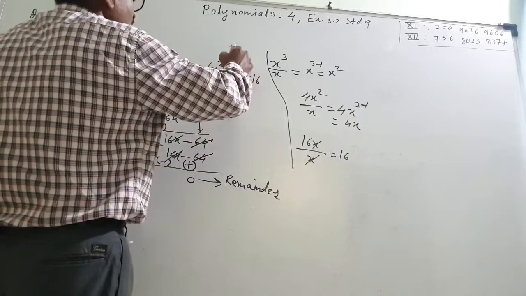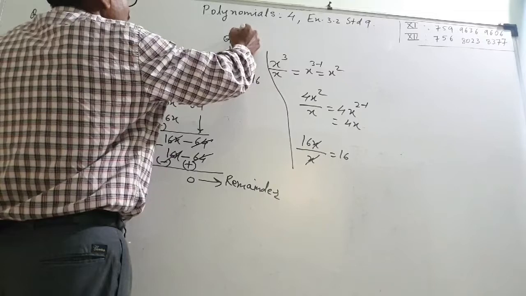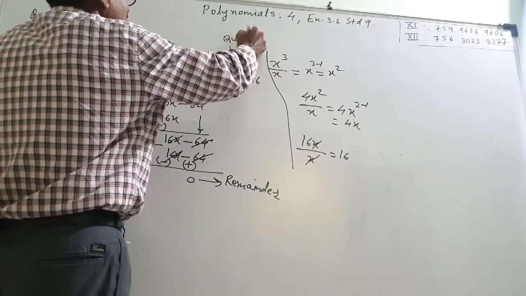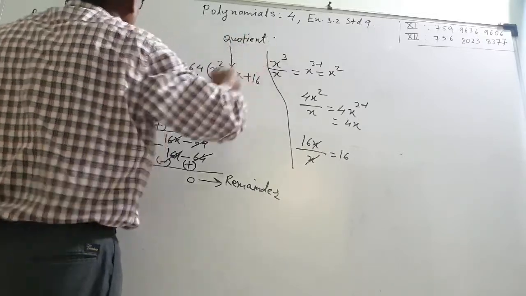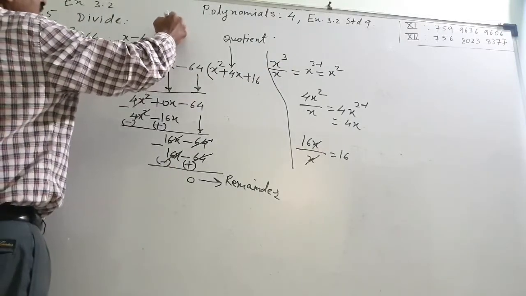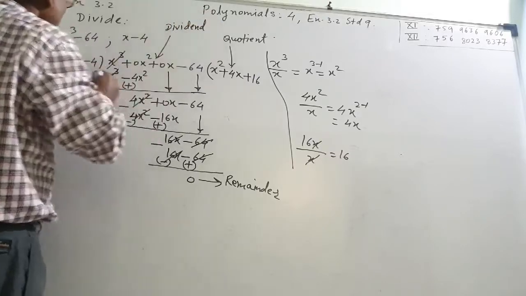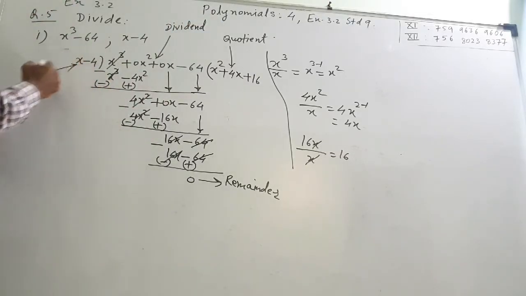This is called the quotient. This part is known as the dividend. And this is called the divisor.